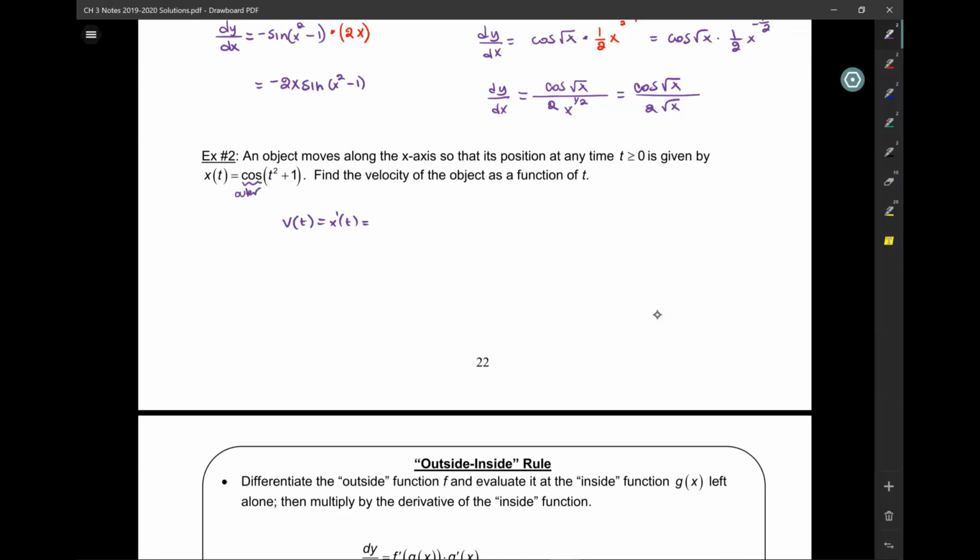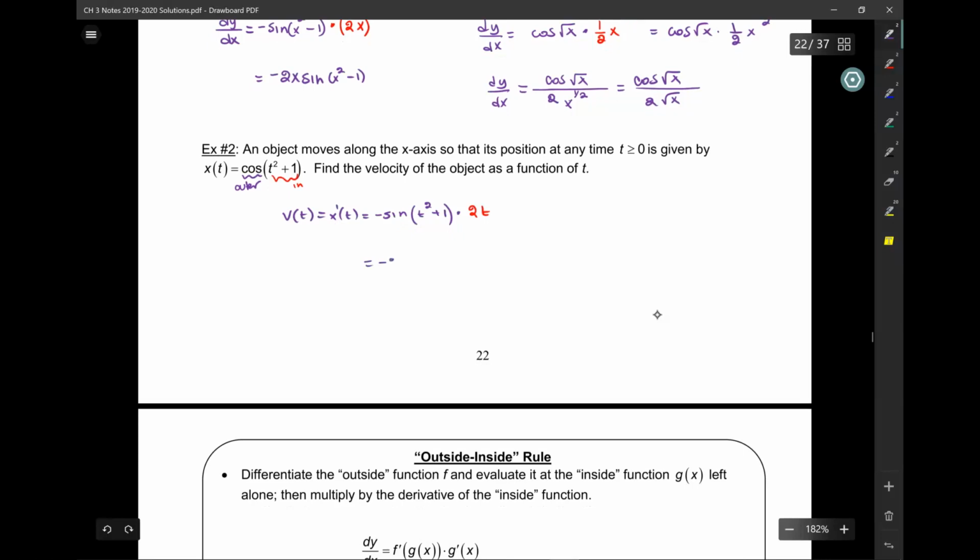When I take a derivative of cosine, it's negative sine of t squared plus 1 times the derivative of the inner function, 2t. So v of t is negative 2t sine t squared plus 1.